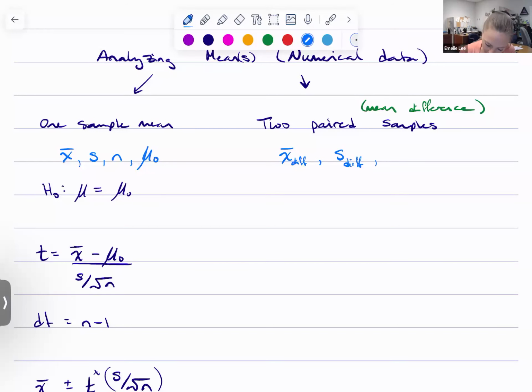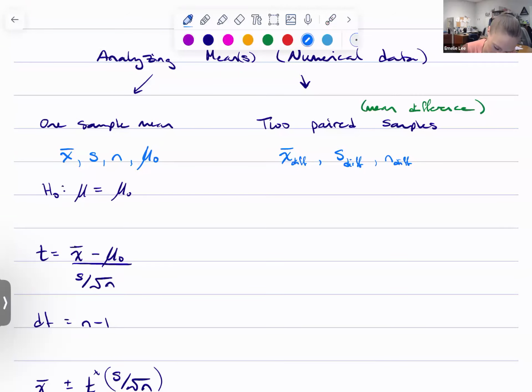I have some number of differences. And what we said was, notice how these are all the same. It's just we've got the differences now. And instead of having some value that I want to compare my mean to, I want to compare my mean of the differences to zero always.